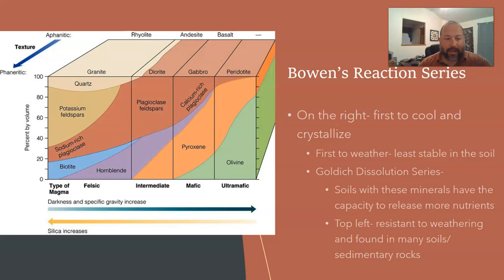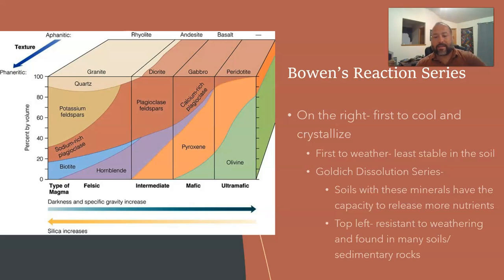But what I like about this picture that we got here is to actually see it in a different way, where we can see how it goes from an increase of silica to a decrease in silica, and things that are less dark and have a lower specific gravity to things that are going to be more dark and have a higher specific gravity.